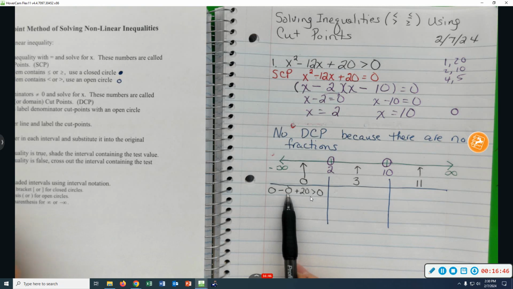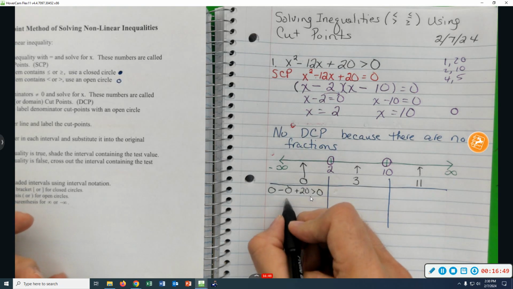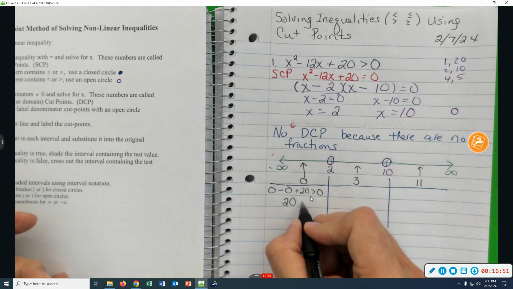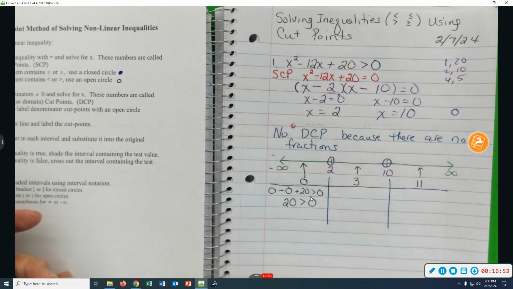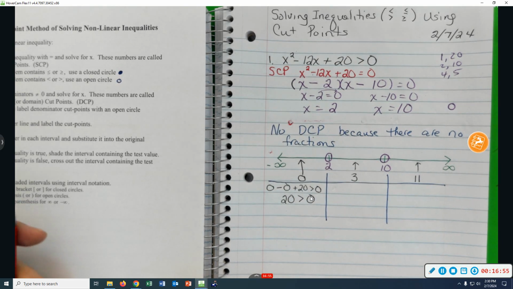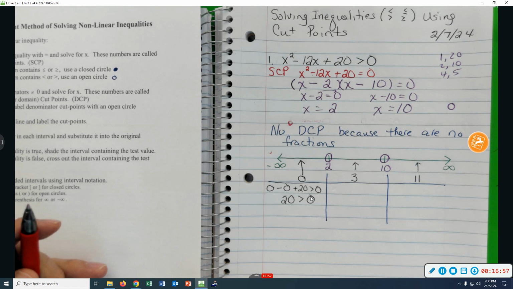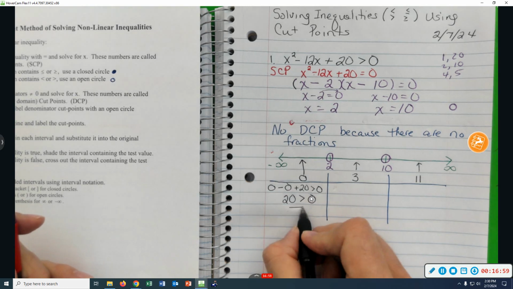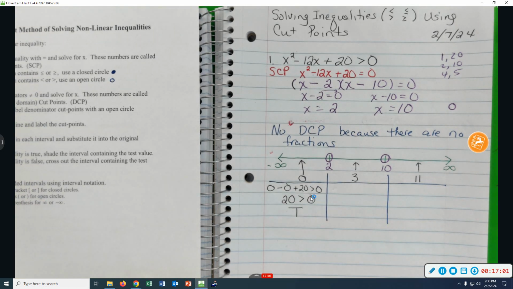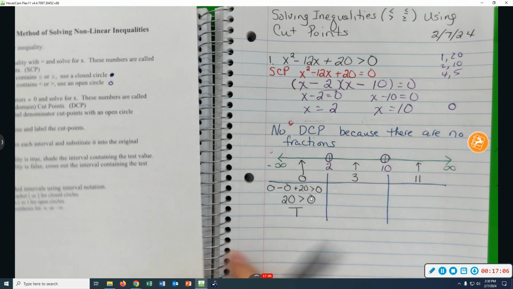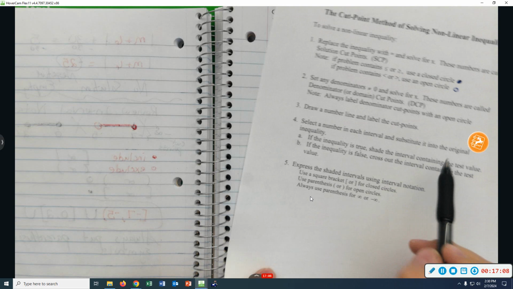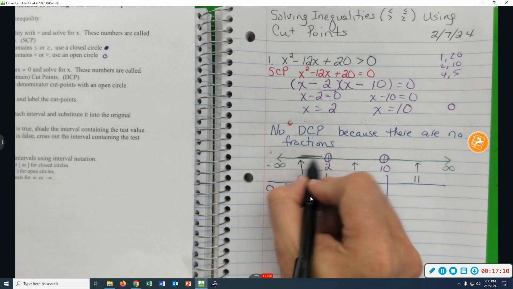So 0 minus 0 plus 20, is that giving me a 20 on the left? Is this statement true or false? 20 is greater than 0. True. Okay, since it's true, that means we shade it. So I shade this in.